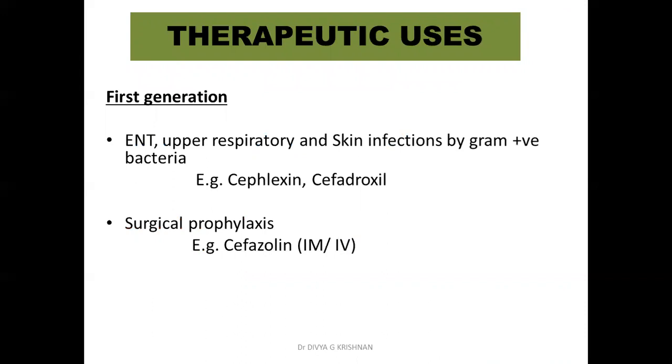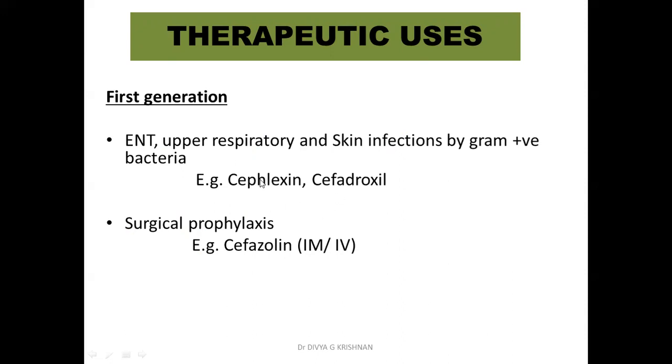The first generation, you already know it is active against the gram-positive bacteria. So they are mainly used for ENT, upper respiratory and skin infections, which are usually caused by gram-positive bacteria like Streptococcus and Staphylococcus. So under this, you can give cephalexin and cefadroxil. These are all first generation.